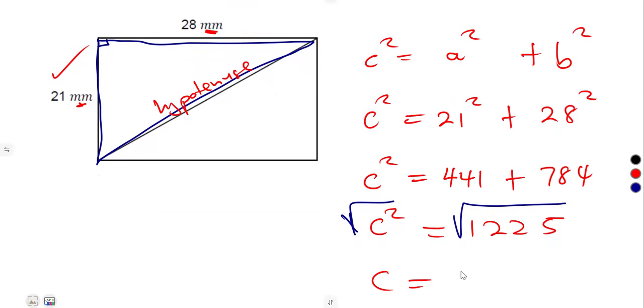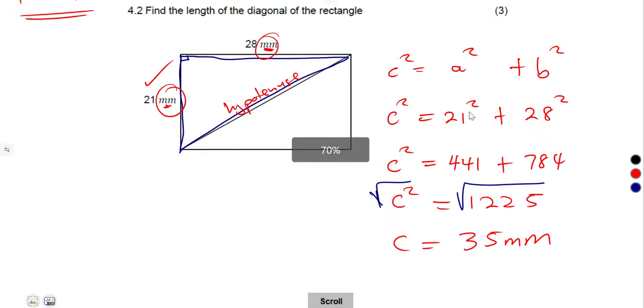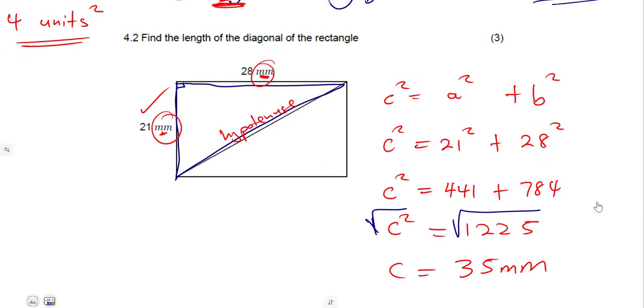That was going to give us 35 millimeters, as we have got the other units given before in what? In millimeters. So that was a little bit direct question of all the questions that we had in this question paper, guys. Question 4.2 was a little bit direct.